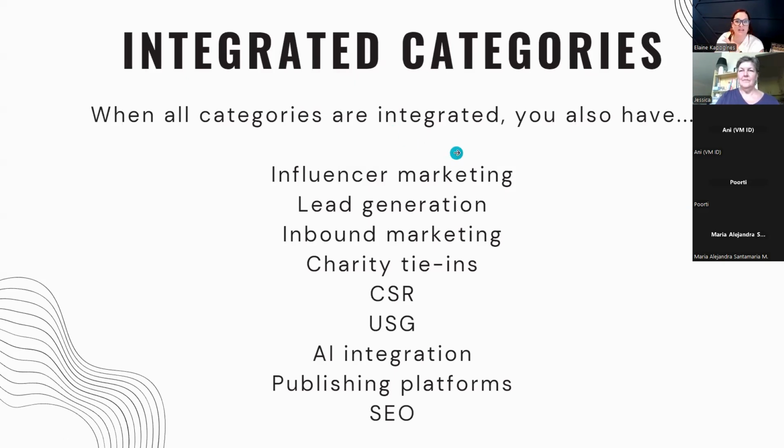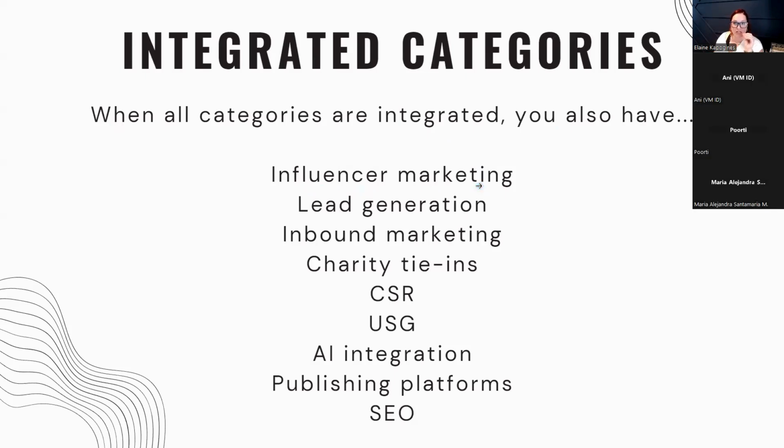Now, when you integrate these categories together, inevitably somebody's going to ask, well, what about influencer marketing? There are some parts of the marketing world that just don't fit into one of these four categories neatly, that are actually part of an integrated strategy where you are looking at more than one of these categories. So again, examples are influencer marketing, lead generation, inbound marketing.